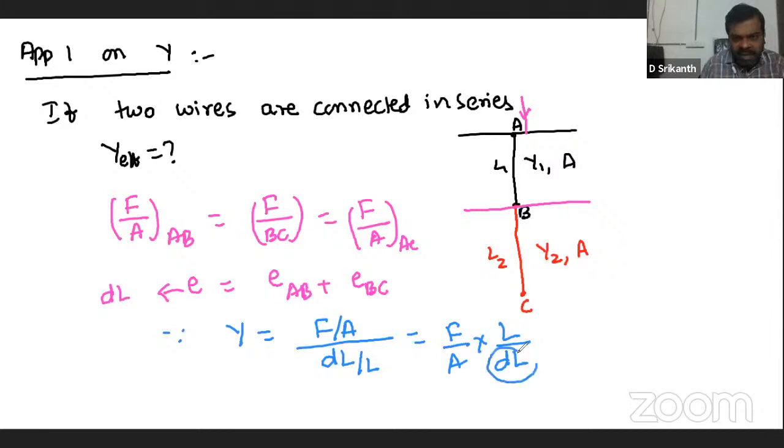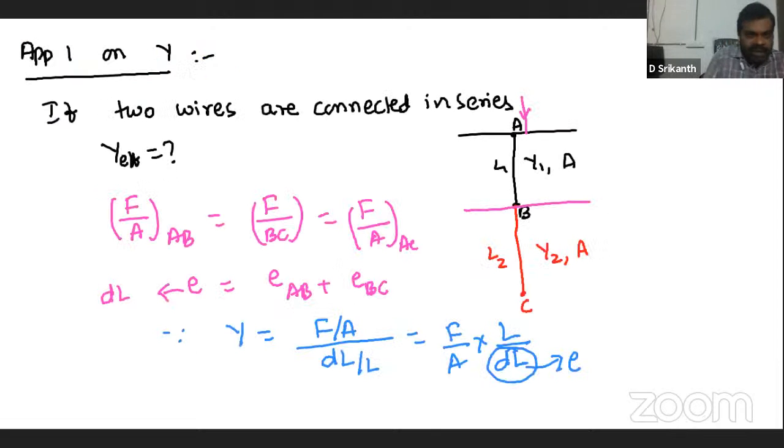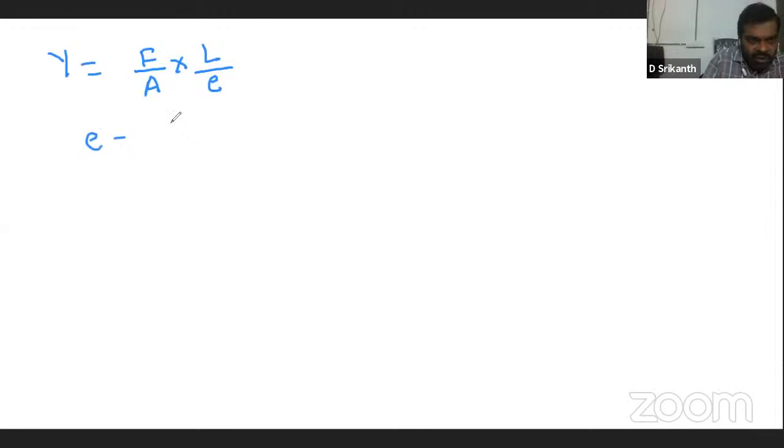Instead of this DL, we are writing it as E. So Y equals F by A times L by E, so I can write E is equal to F by A into L by Y.